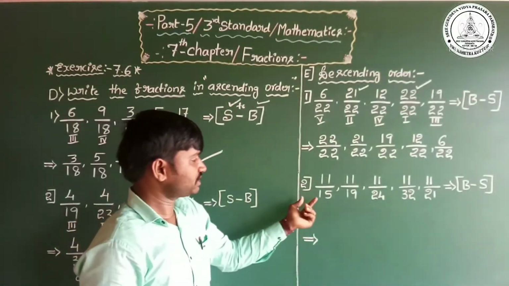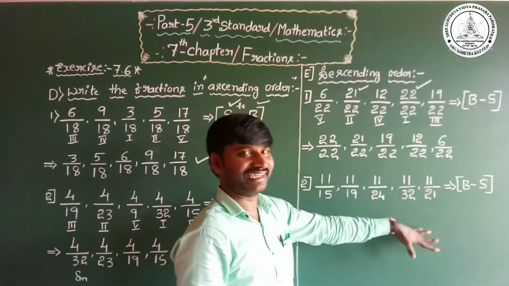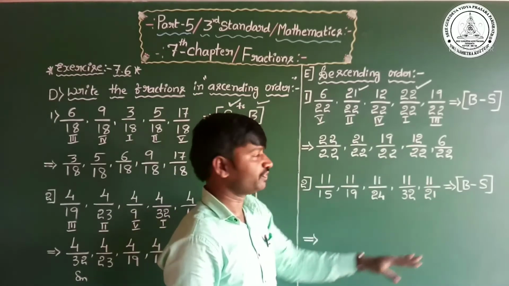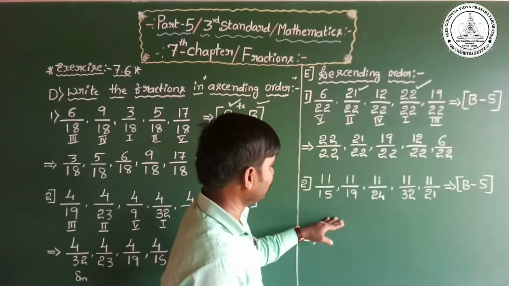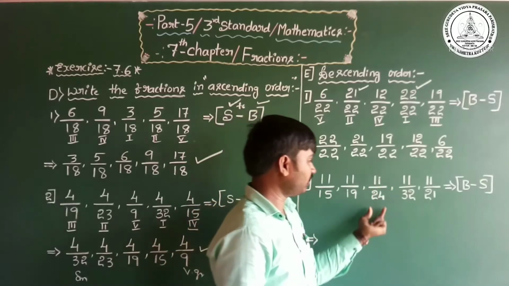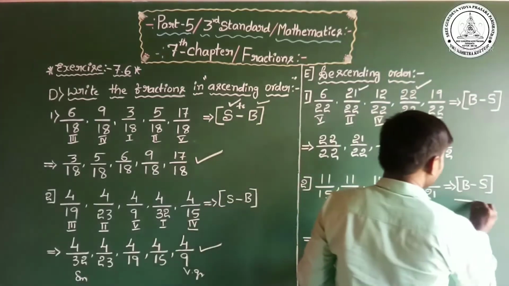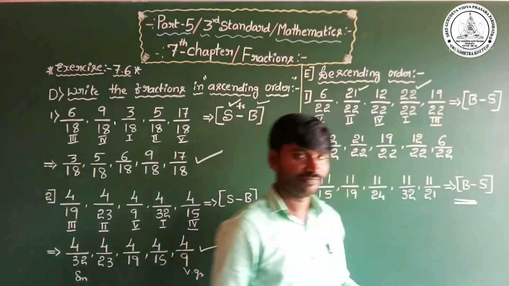Okay. The next, second question. Here, dear student, the numerators are the same. Here the fractions are 11 by 15, 11 by 19, 11 by 24, 11 by 32, 11 by 21. Here your arranging method is bigger to smaller.